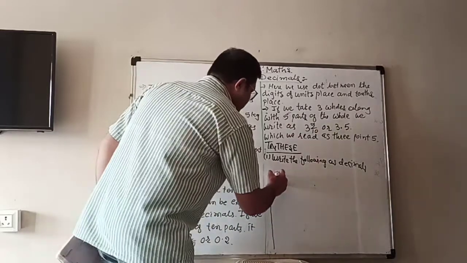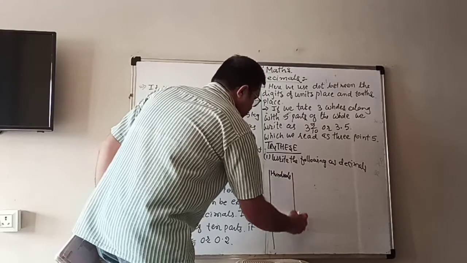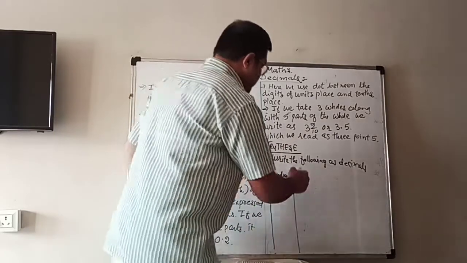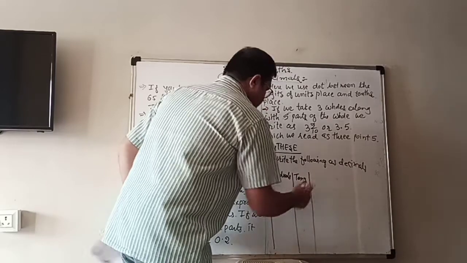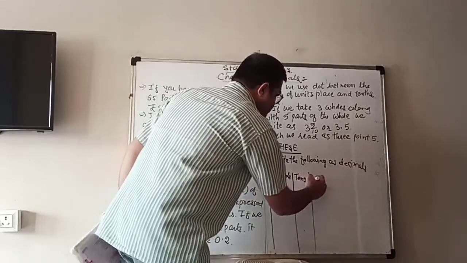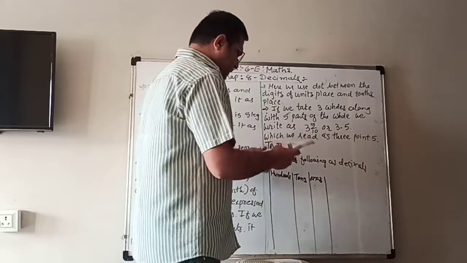Here it is hundreds place, then tens place, then ones place, and then tenths place.